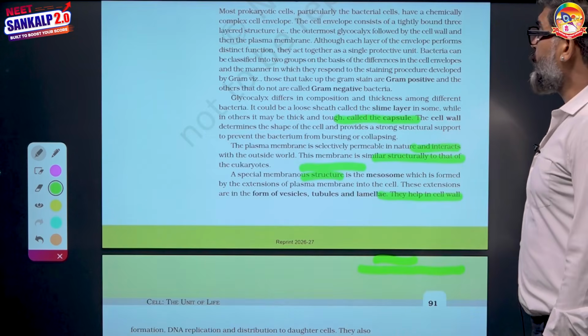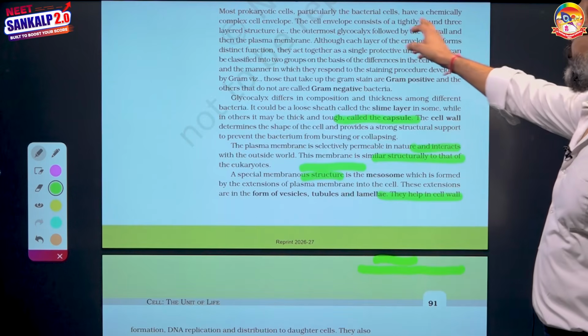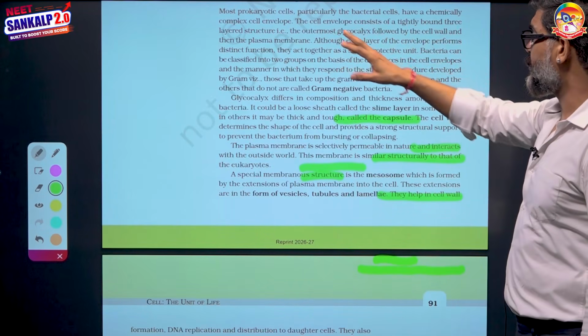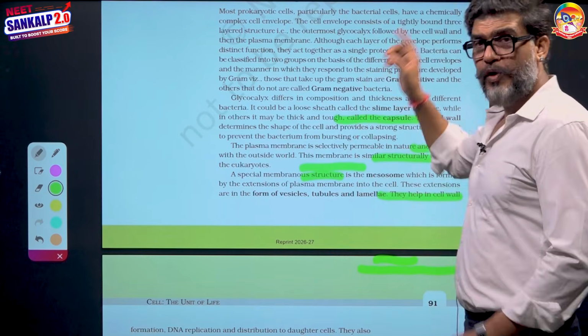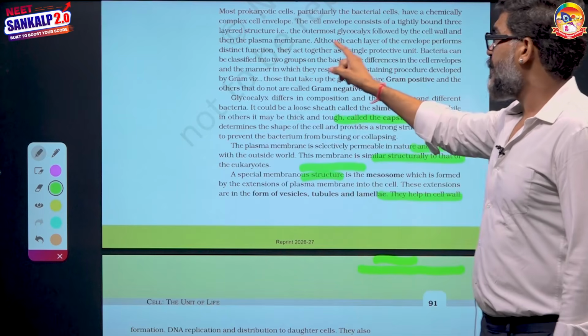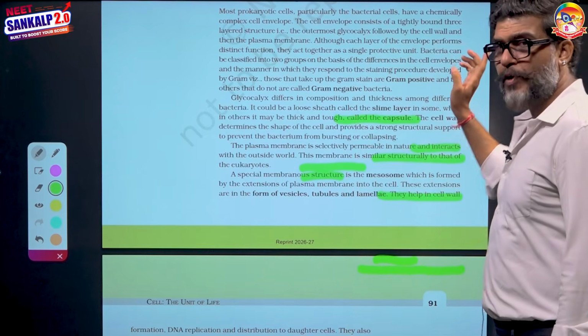The cell envelope consists of 3 tightly bound structures as we discussed. Although each layer of this envelope performs a distinct function, they act together as a single protective unit.